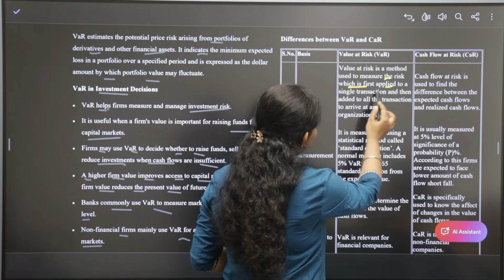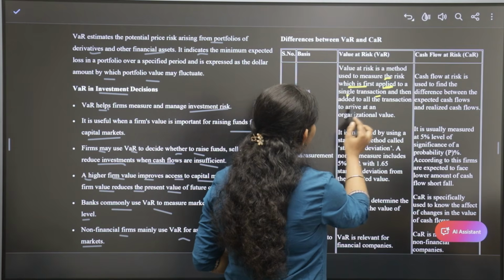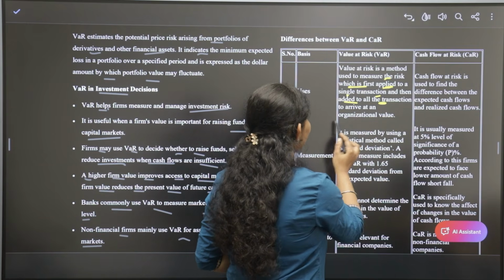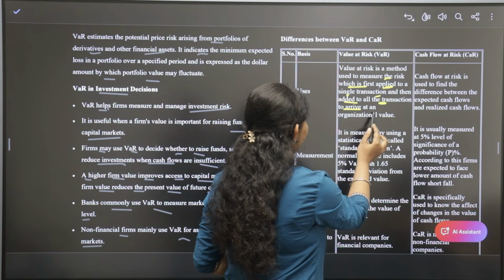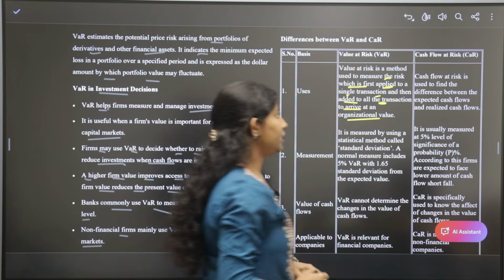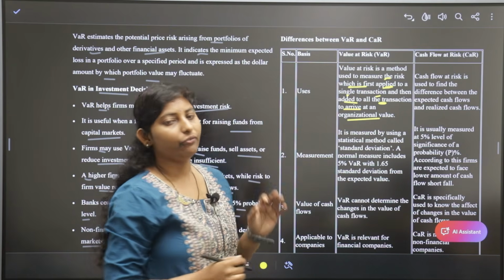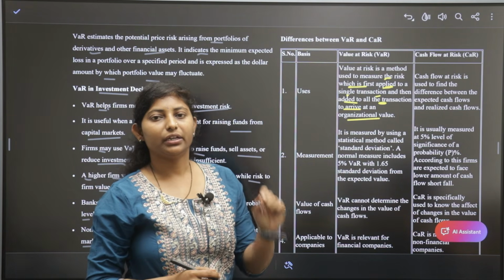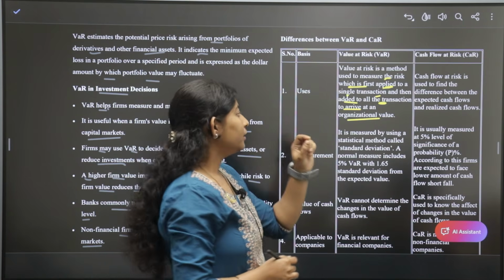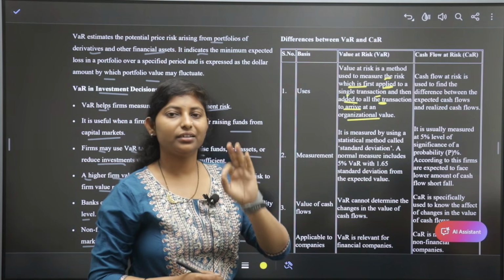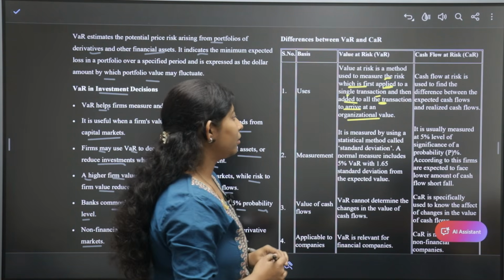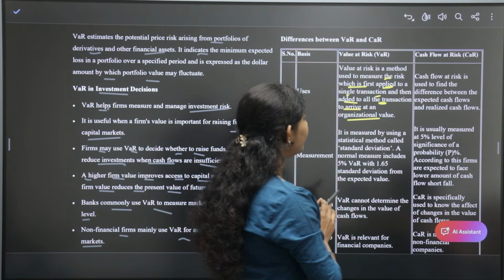Already we know, it is first applied to a single transaction and then added to all the other transactions to arrive at an organizational level. VaR will tell you a single number, the loss that is going to occur, the rate of losses.